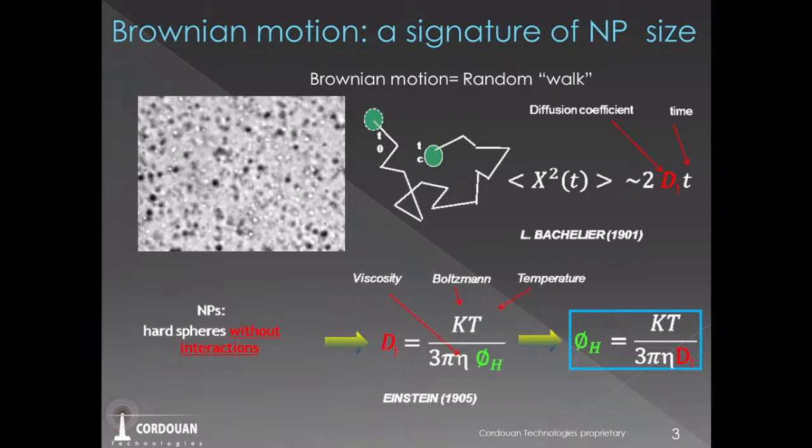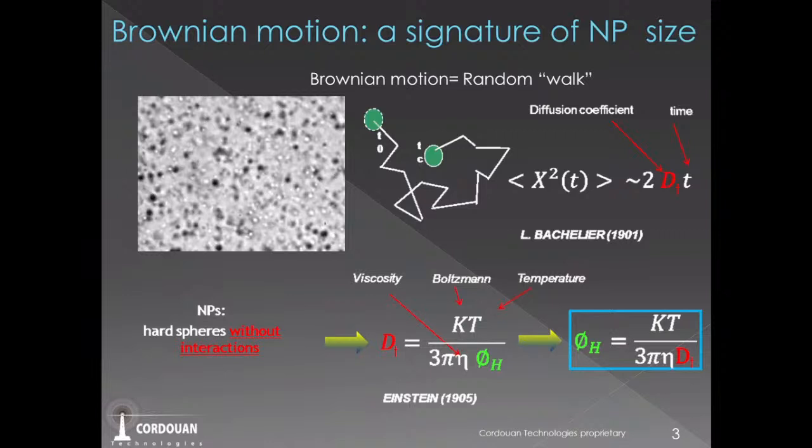If the viscosity is high, or if the diameter is big, the diffusion coefficient will be lower, so the particle is going to travel a small distance, okay? Same thing for the temperature. If the temperature is low, and if the viscosity is high, for example, then you will have a small diffusion coefficient, so your particles are not going to move very far.